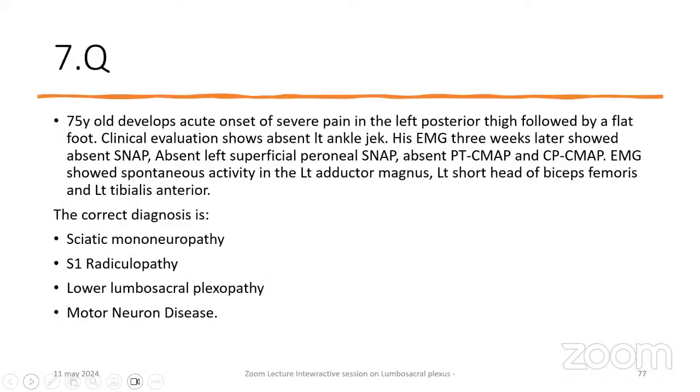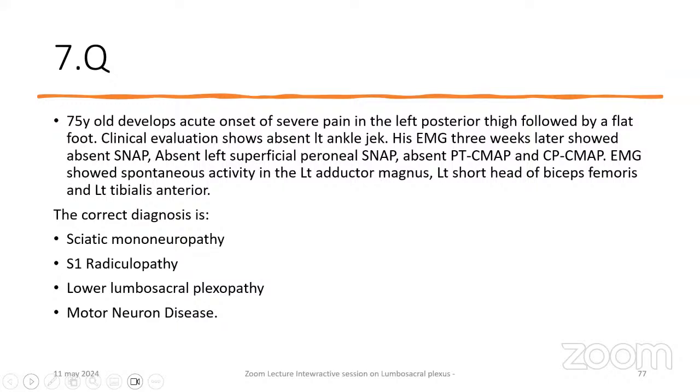An individual, this 75-year-old, develops acute onset of severe pain in the left posterior thigh, followed by a flat foot. Clinical evaluation shows absent left ankle jerk. His EMG 3 weeks later showed absent left superficial peroneal snap, which we do, absent posterior tibial CMAP, and common peroneal CMAP.